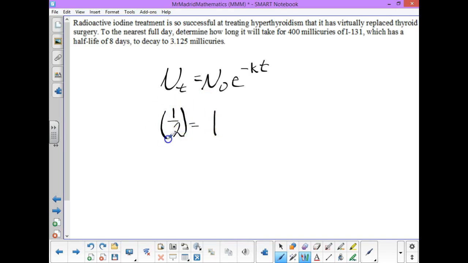So since I'm substituting from the problem, I'll put in parentheses. We got e again, not a variable, very much a number. We've got negative k. Okay, we don't know what k is, but as far as t is concerned, we do have 8. Right. So 8 days coming from right there.